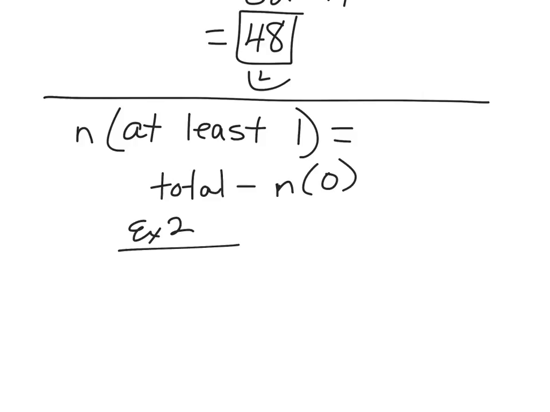So, with that in mind, example 2 says, if 4 fair coins are tossed, in how many ways can at least one tail be obtained? So this is an at least one problem. We're looking for the number of ways I can get at least one tail.